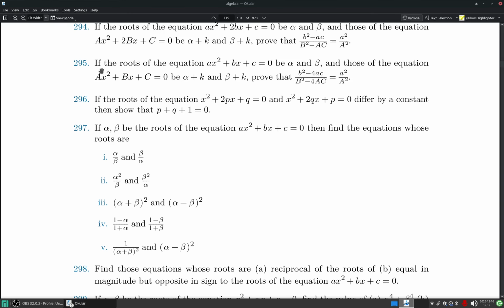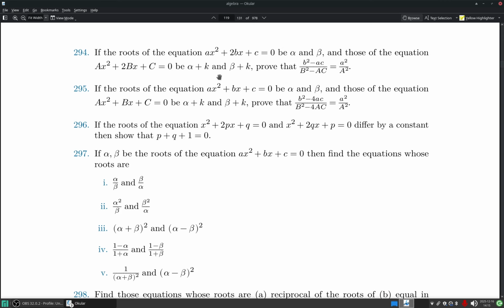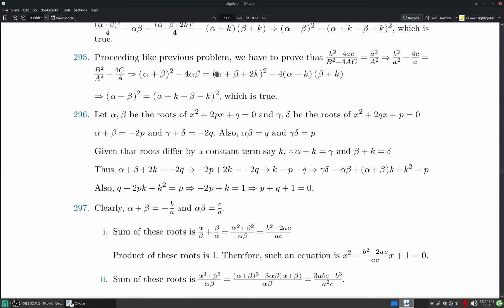Question 295 says that if the roots of the equation ax square plus bx plus c is equal to 0 be alpha beta, and those of the equation capital Ax square plus capital Bx plus capital C is equal to 0 be alpha plus k and beta plus k, prove that the same identity. The only difference between these two equations is the coefficient of b, okay. So here it is 1, in the previous question it was 2.